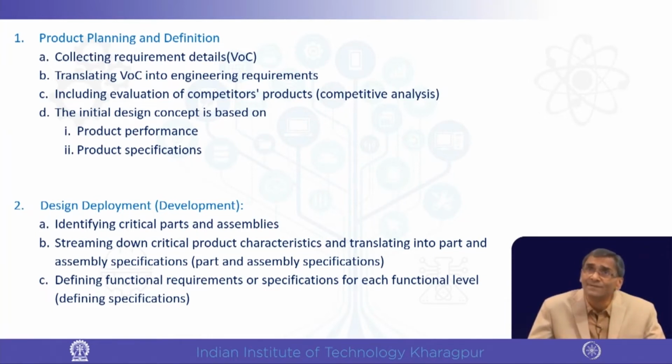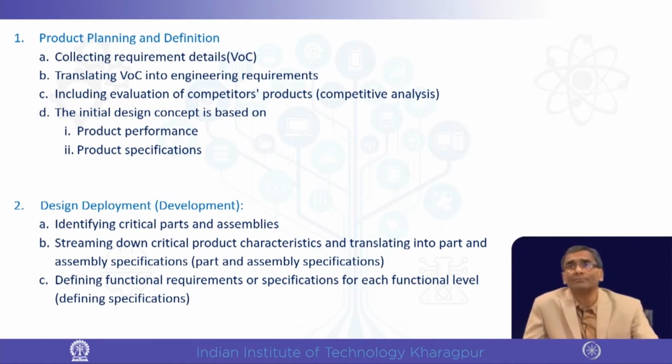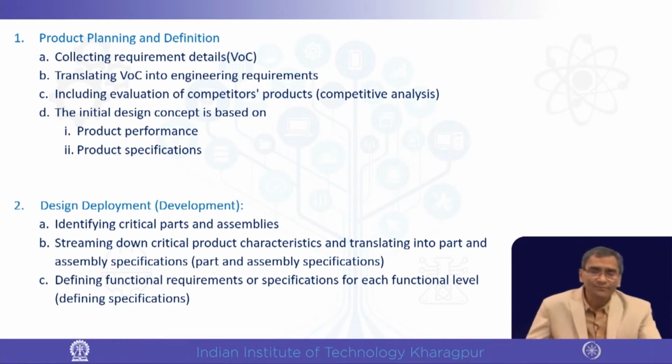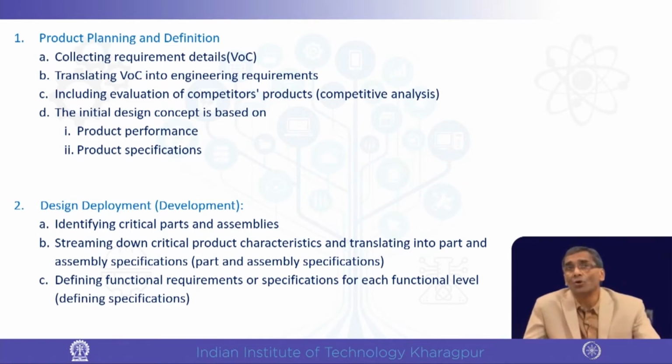Then defining functional requirements or specifications for each functional level, that is defining specifications. I would give an example, then it would be clearer, but now please understand that these are the steps which diagrammatically I will be presenting soon. But before that, these are the documents or slides that should be studied by you later also, so that the concept is completely clear.